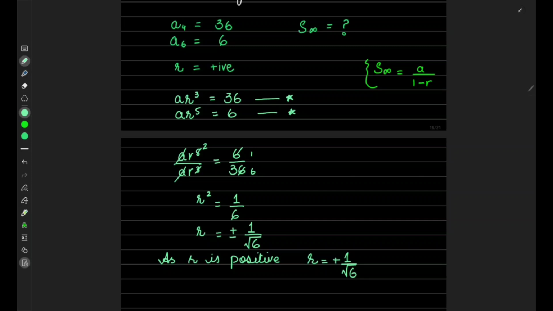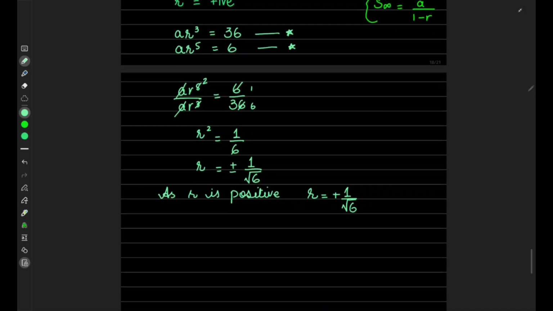As we get r, we must also find a. So substituting this r in any of the equations to get your a. As we know, ar cube is equal to 36. So that means a times 1 over root 6 cubed is equal to 36.